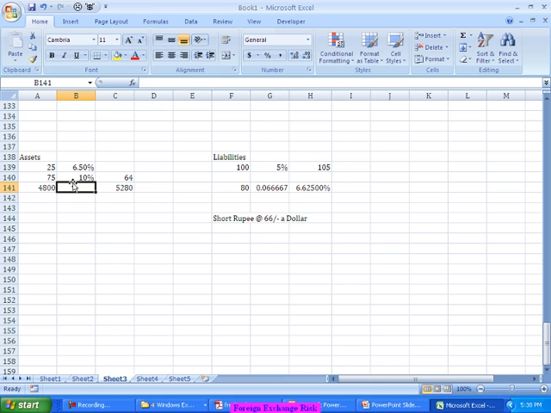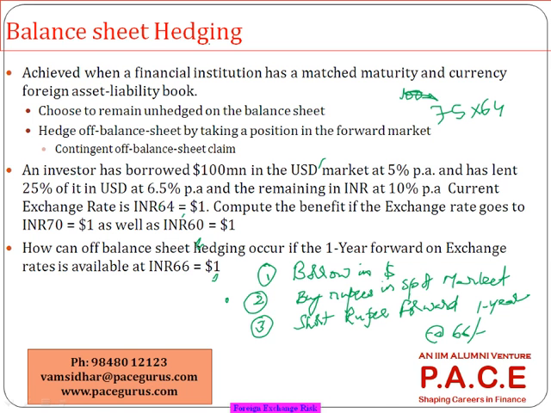And I am assuming that this will definitely give me a 10% return. So even adding that, I will short for these many rupees. I'll enter into the futures or forward currency market, wherein I'll short 5,280 million rupees in a 1 year forward market at 66 rupees a dollar.